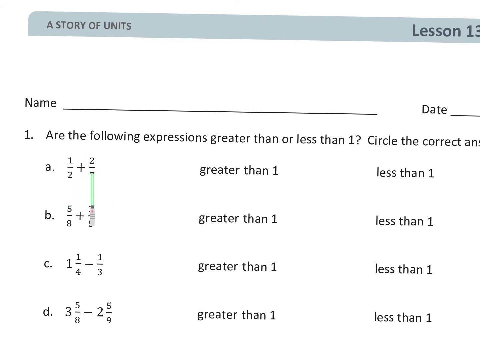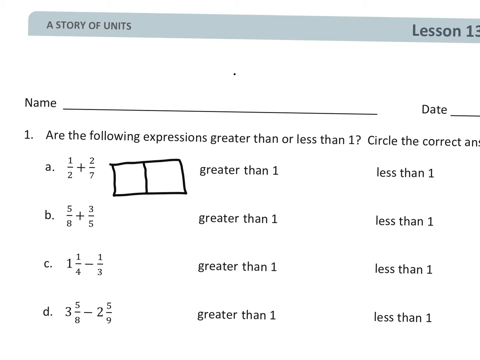1/2 plus 2/7. So I know halves are really easy for me to think about when I am doing addition. So let's look right here. Let's say I got here's 1 whole, and I got it cut in half.